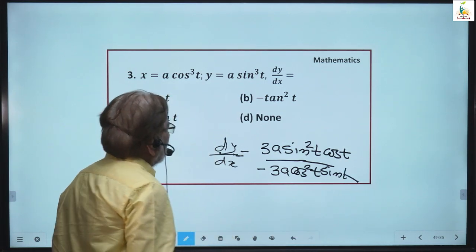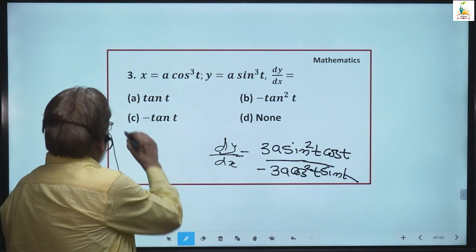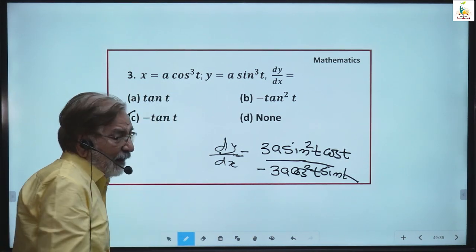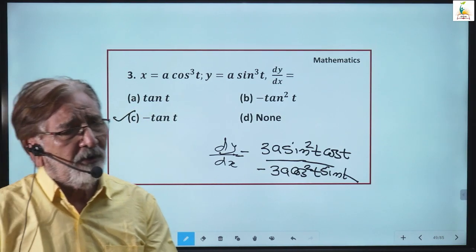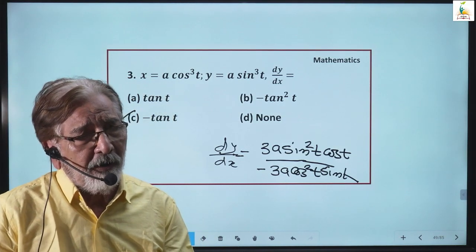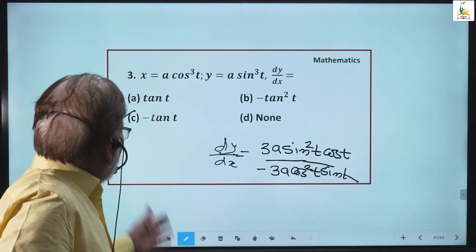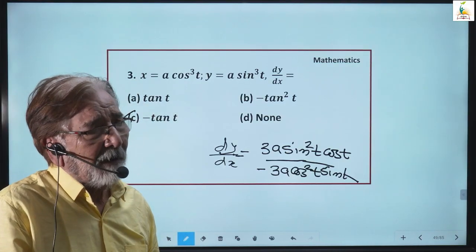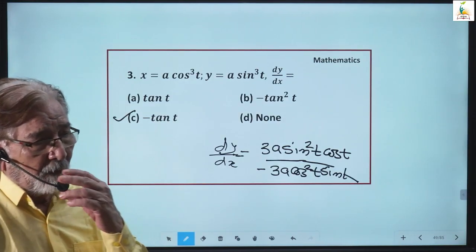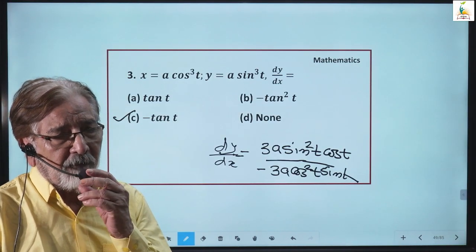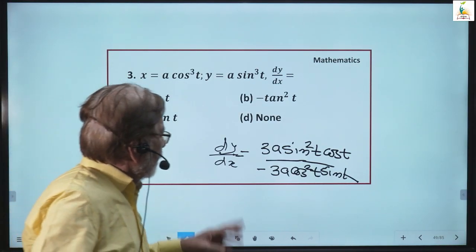The answer is minus tan t. You can remember this. Differentiation of x equal to a cos cube t, y equal to a sin cube t will be equal to minus tan t, because it shall be a very useful result for finding the other questions.